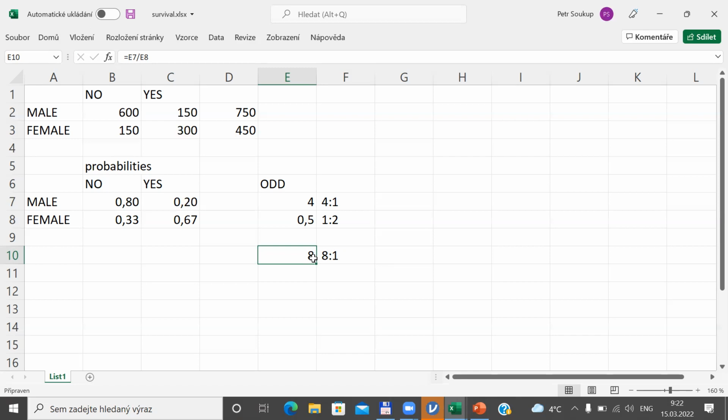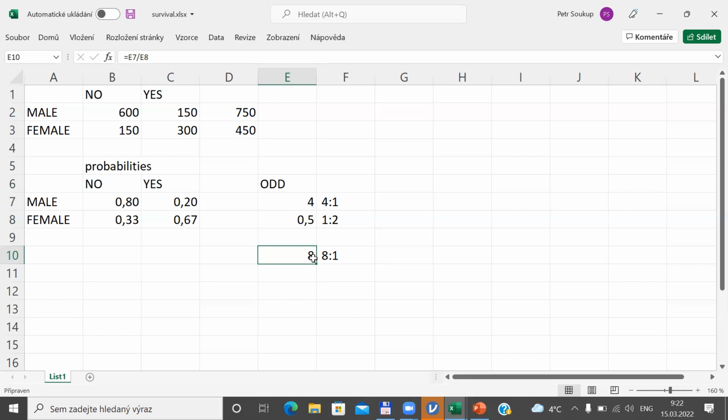And once again, I can also reverse the interpretation. The odds to survive, so once again, to survive versus to be dead, that's the odds. For female, so if I reverse the categories, the odds to be alive for female are 8 times higher than for male.